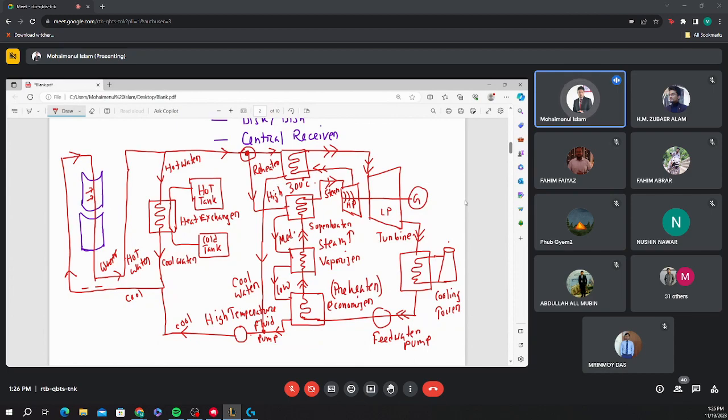And the vaporizer requires only 100 degrees temperature to vaporize the water, right? Maybe the temperature is 100 degrees here, and after that the remaining content will go to the economizer, right? So that is maybe 50 degrees centigrade.